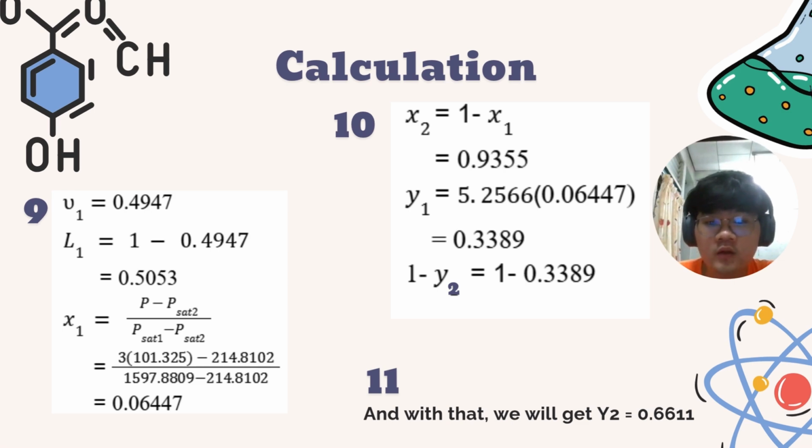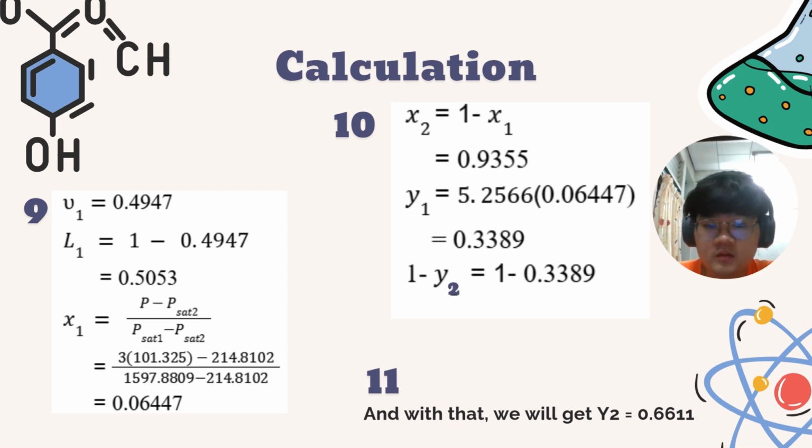And we further calculate Y1, which equals K value times its mole fraction in the liquid, and we get the value 0.3389, and Y2 equals 0.6611. It has the same meaning: in 0.4347 mole of the vapor, we will contain about 33.89% of the ethane and about 66% of the propane.